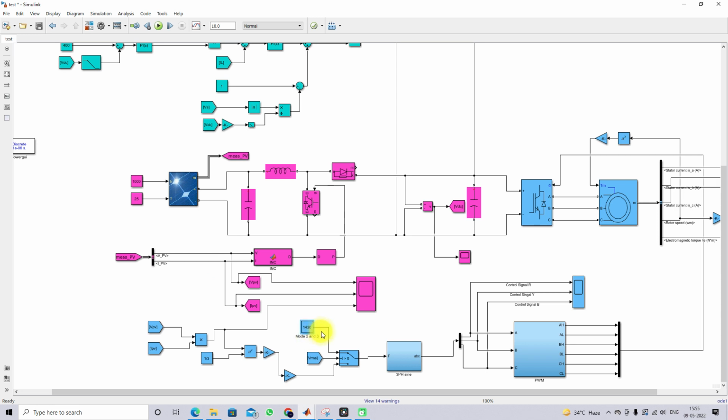We keep the rated speed of the induction motor constant, because we are driving the induction motor like a water pump, so we operate it at rated power.